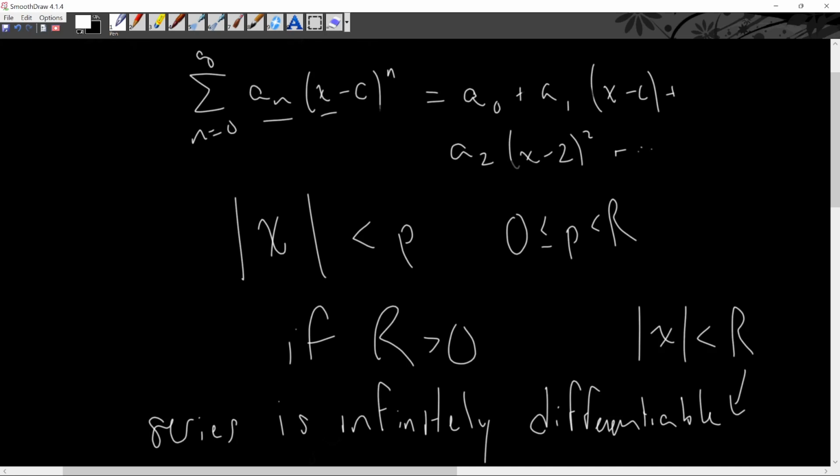And of course, as we've established, absolute value of x is less than r for this to be true. And yeah, in order to actually take the derivative of a power series, you just take the derivative of every separate term. It's like how you do the sum and difference rules for normal derivatives of actual functions. You're going to be taking the derivative of each term individually and then adding them up, because again, you are basically taking the derivative of the sum of a bunch of very small functions, even though these are sequences.